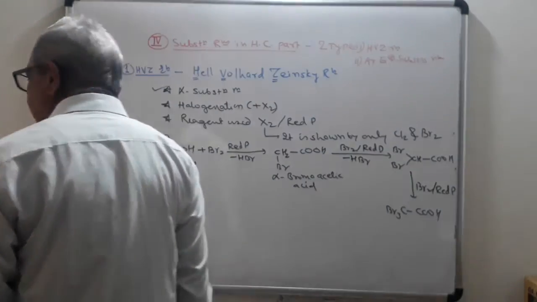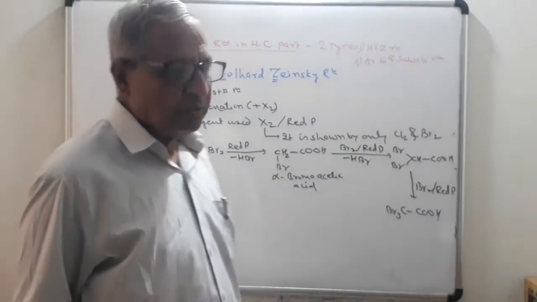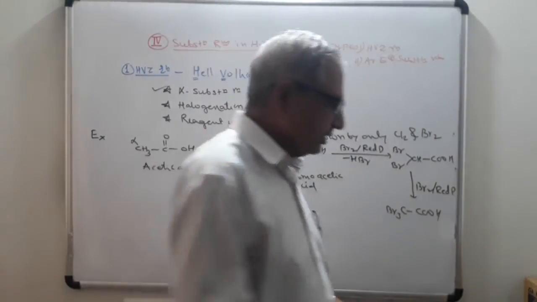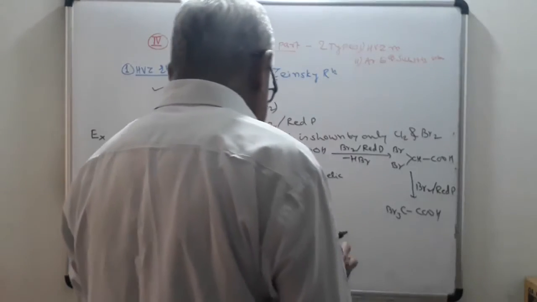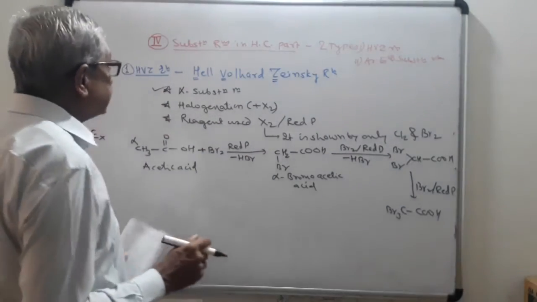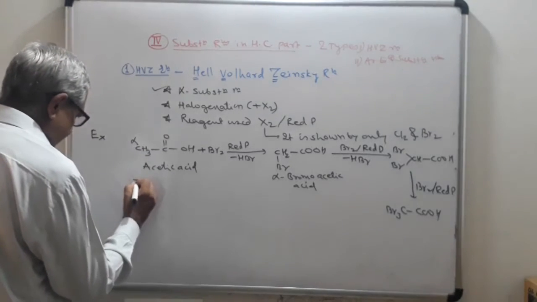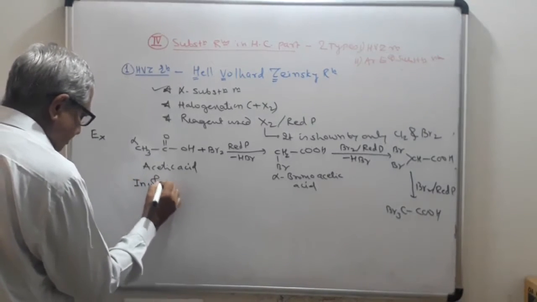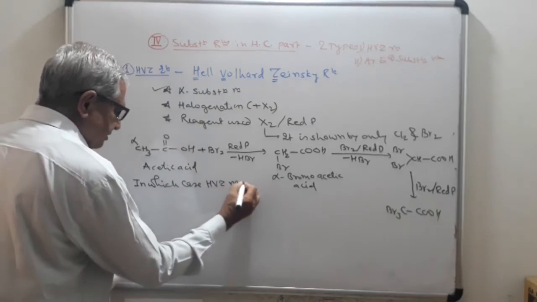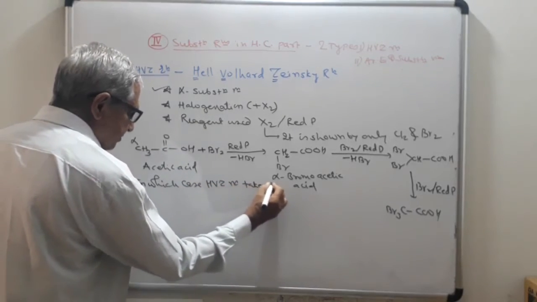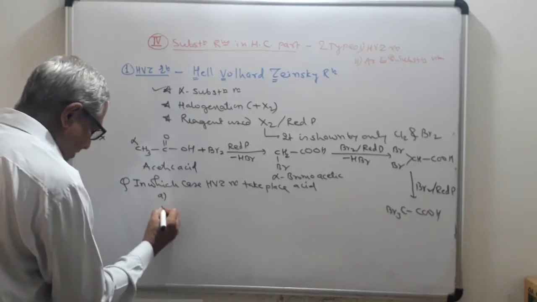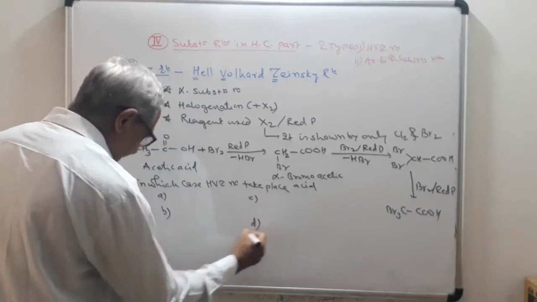So what is the condition for the HBZ reaction? The carboxylic acid must contain the alpha hydrogen atom. So I will set a question here. In which case does the HBZ reaction take place? This is your multiple choice question. I will give you four options, you select the correct option.